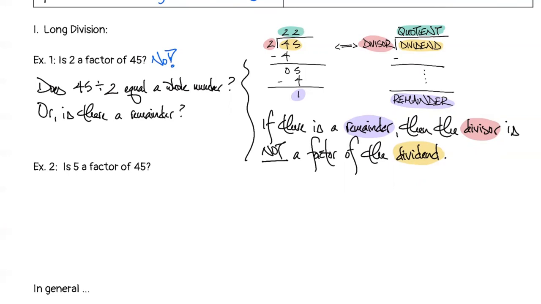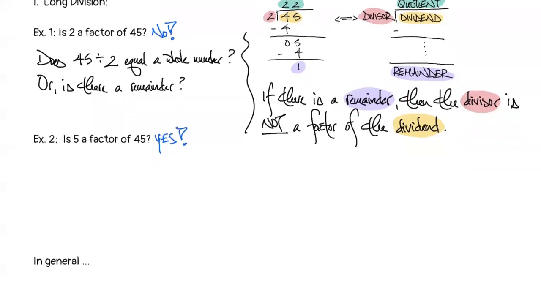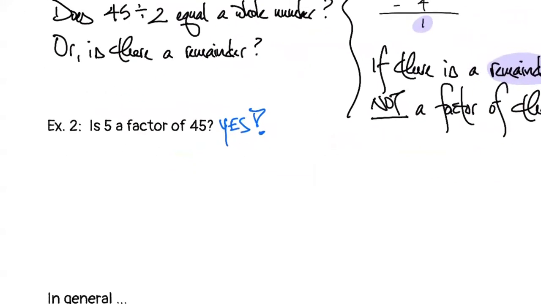Yeah, is 5 a factor of 45? I see general consensus coming up as yes, it is. Okay. And so in particular, we're thinking, is there going to be a remainder or not? Right? But let's practice this long division situation. We're going to set up a little symbol underneath.